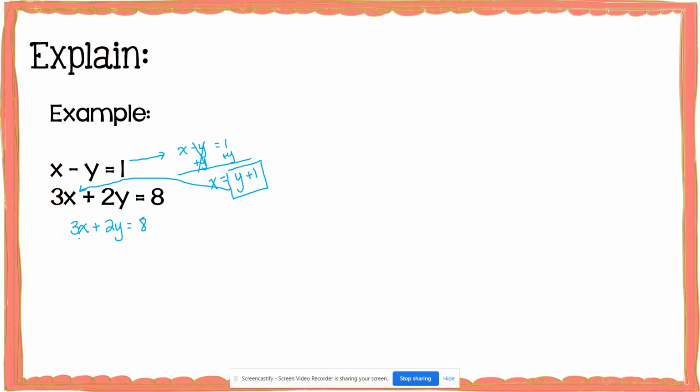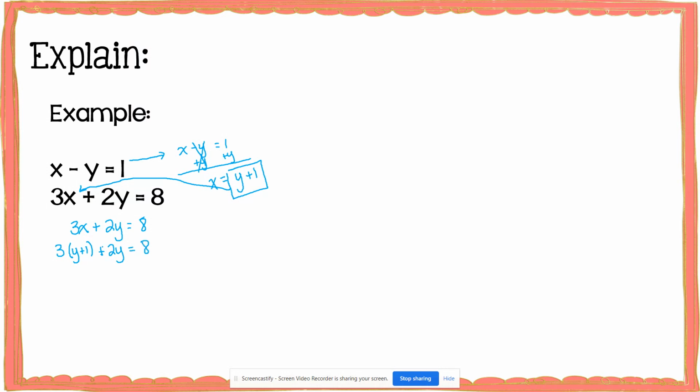We know that 3x means 3 times x, but I now know that x is the same as saying y plus 1. So I am going to replace or substitute this in for x. So instead of 3 times x, I'm going to say 3 times y plus 1. And then I have the rest of my equation, which is plus 2y equals 8.